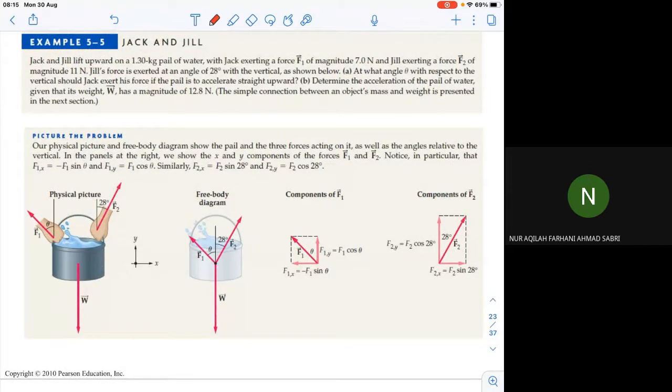And this is about Jack and Jill. We have already discussed how we are going to break down all the forces involved. We have F1, F2, and W. When we do the free body diagram, remember we need to do it on just one simple body, and then attach every force that is involved.